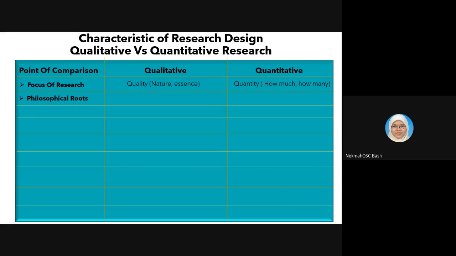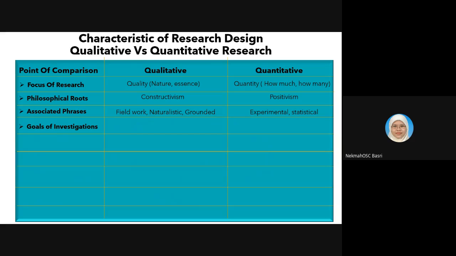Okay, philosophical roots: qualitative is constructivism, as mentioned earlier, and quantitative is positivism. Associated phrases: qualitative is fieldwork, naturalistic, grounded, and quantitative is based on experiment and statistics.